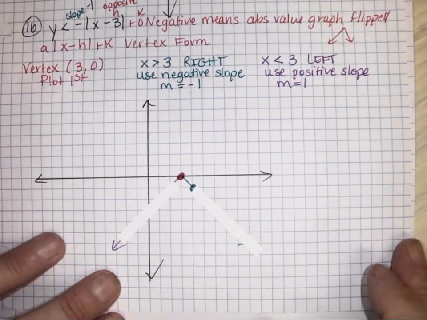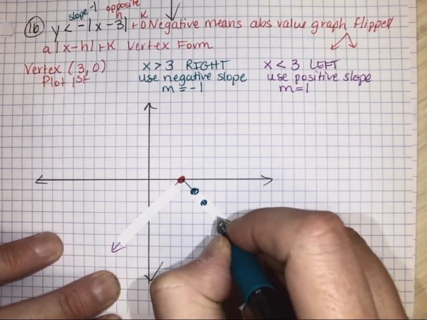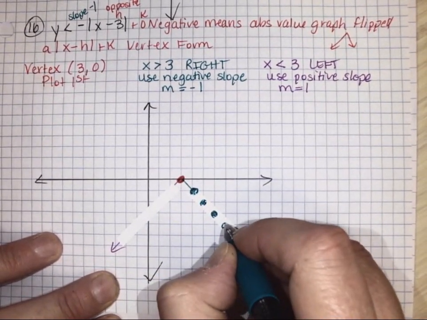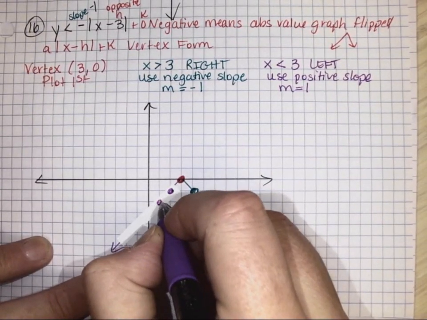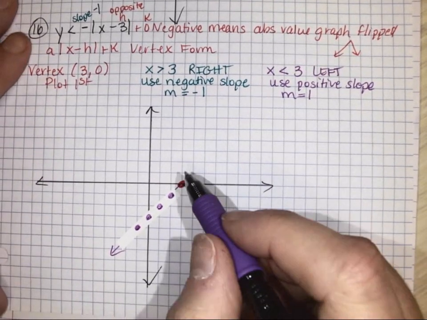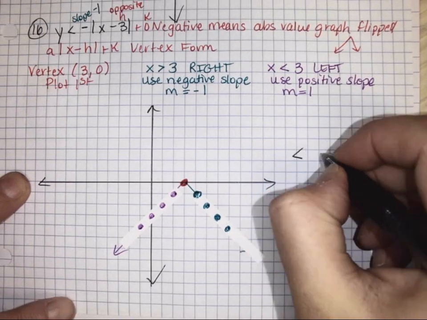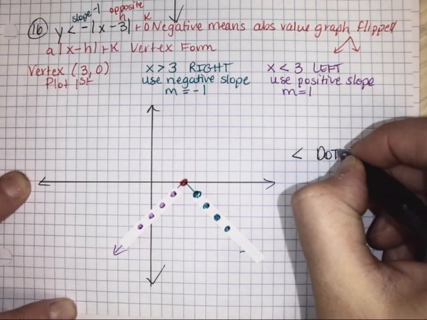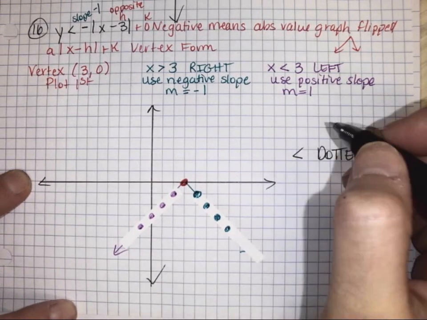Okay, so you graph it the same, I'm going to use the slope and everything. The only thing, can anybody see what I did wrong? It should be a dotted line because you've got less than, this should be dotted, and then we have to test where to shade.